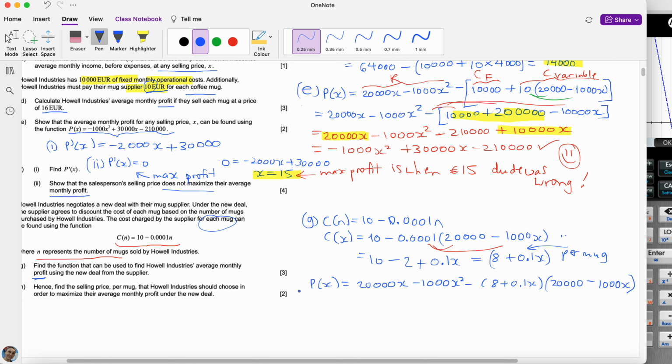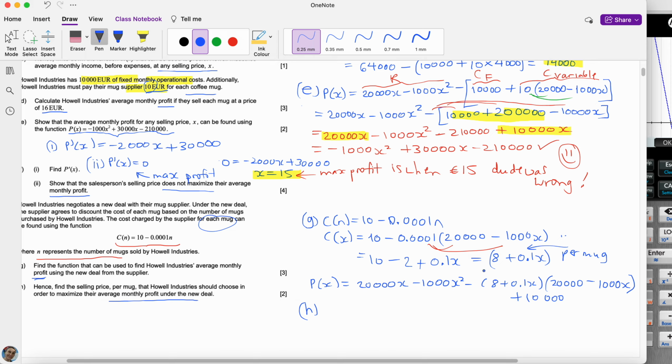And then they say, find the selling price the mug industry should choose. So the selling price under the new deal, what they should choose. So what you can do is just graph this whole thing. You do not need to simplify this at all, okay? And actually, ooh, I forgot. We're also going to have plus the fixed cost, aren't we?